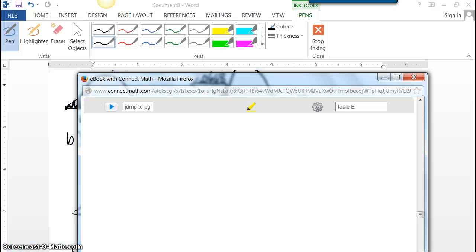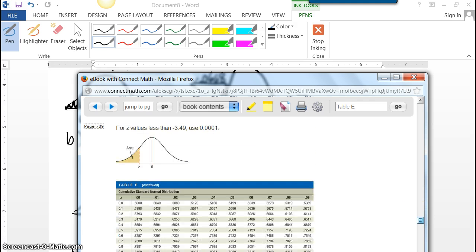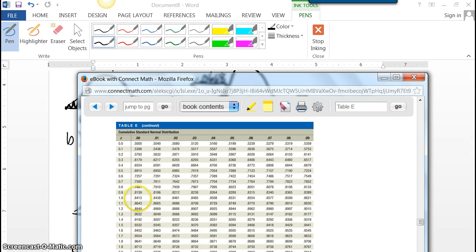Let's look up the 1.0 first. We'll get to the positive part of the chart here. 1.0 is 0.8413.